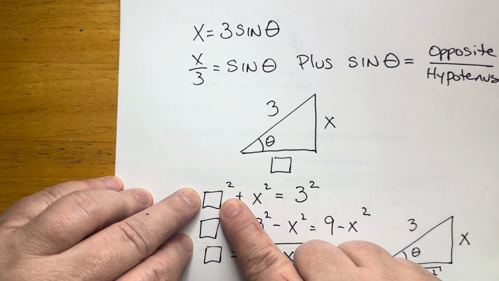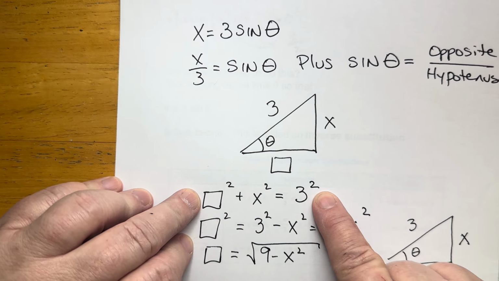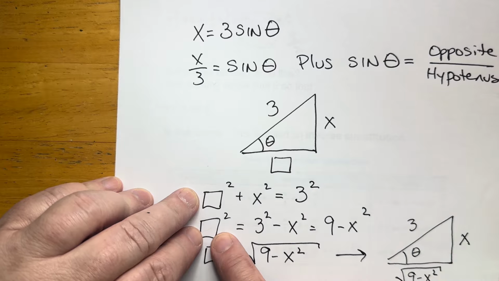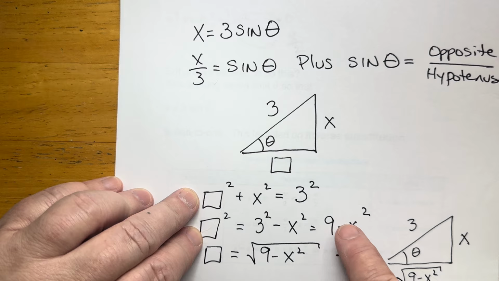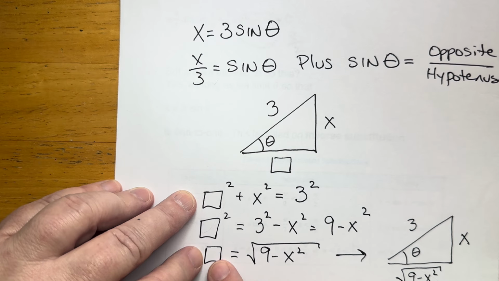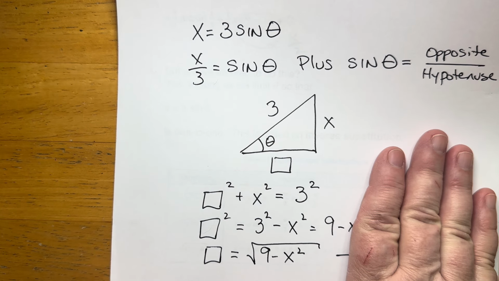So box squared, the unknown thing squared, plus x squared is 3 squared, right? So box squared is 3 squared minus x squared. That's 9 minus x squared. And so the length of the box is the square root of 9 minus x squared. Now I want to stop there, make sure that all makes sense.